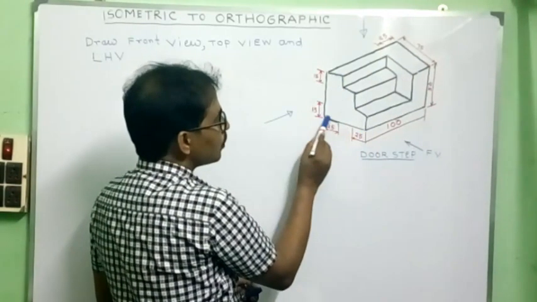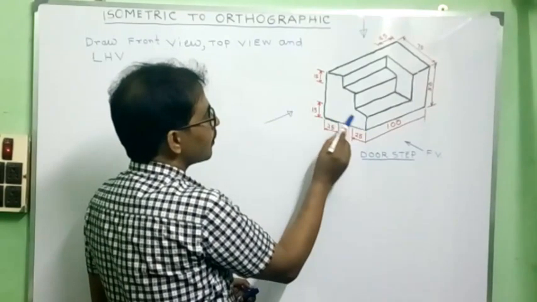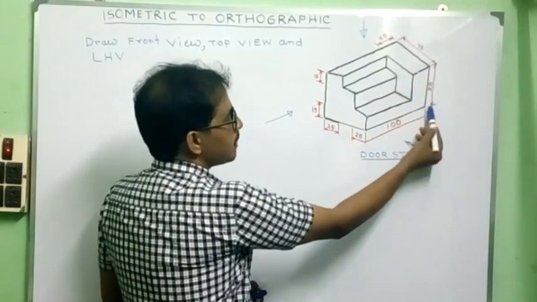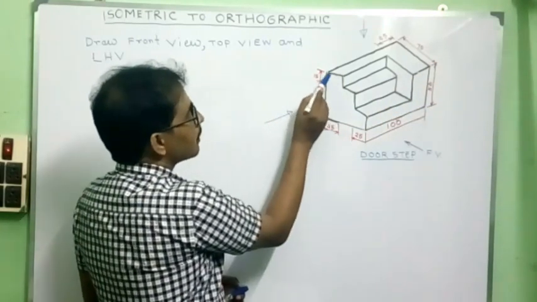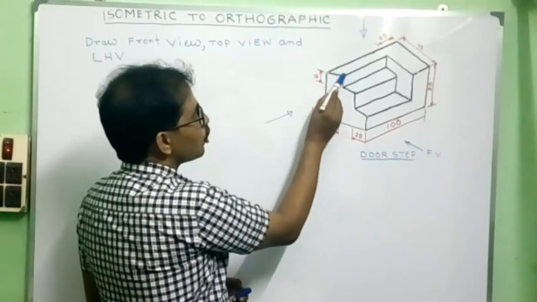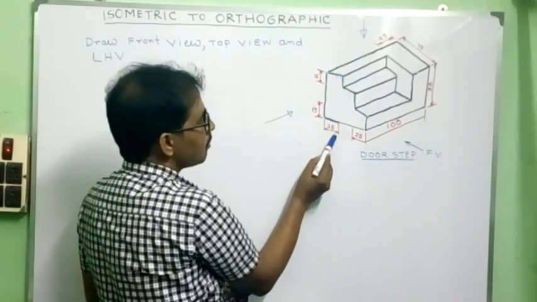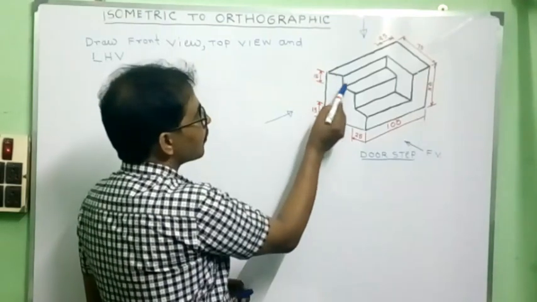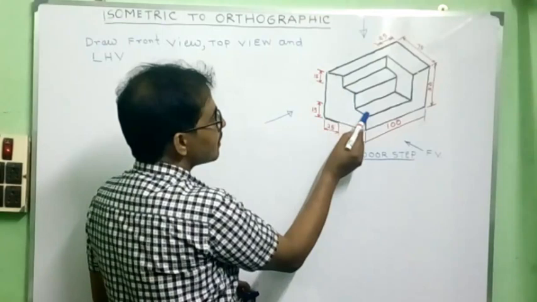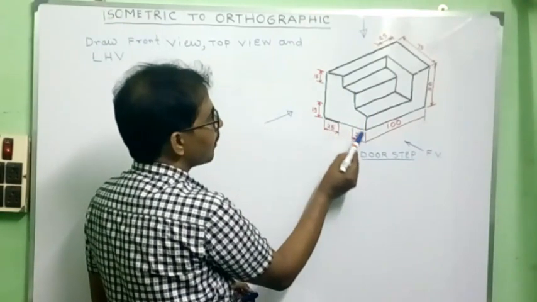This is also 75. Now it is 50. Now the length of this doorstep step is 25. This is also 25. This is also 25.